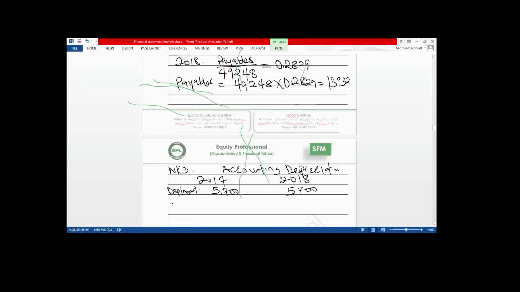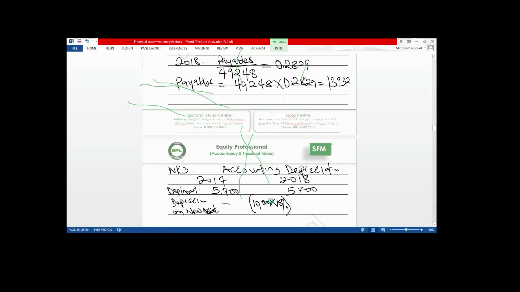In 2018, we are going to acquire new non-current assets. That means depreciation on new assets will affect only 2018. That new asset is acquired in 2018, so it will not affect 2017. The new non-current asset is 10 million. Depreciation is 18%, starting from the year of purchase.